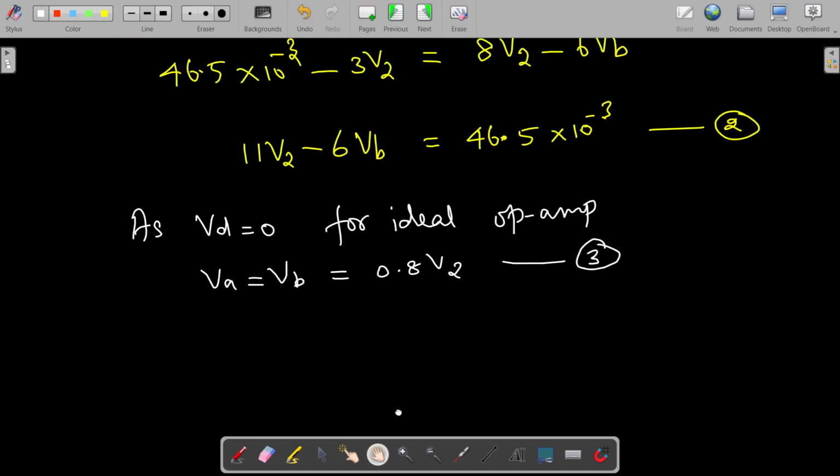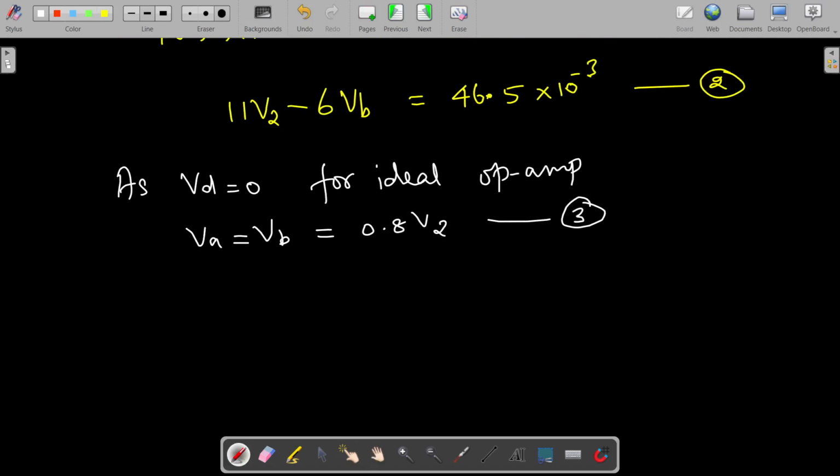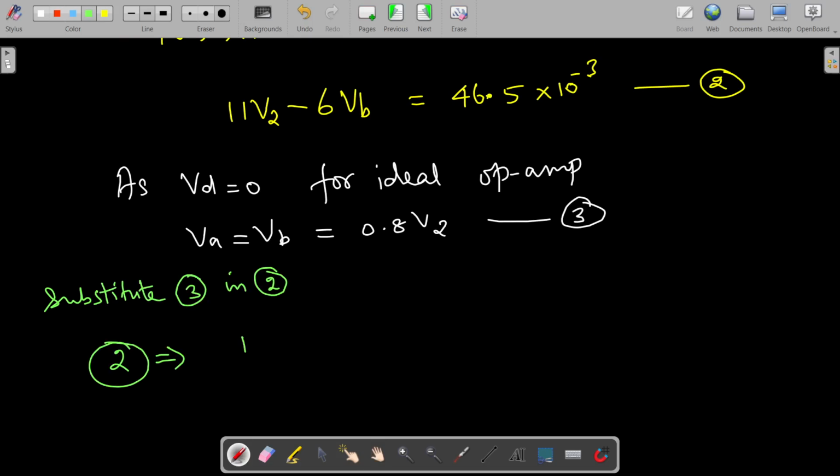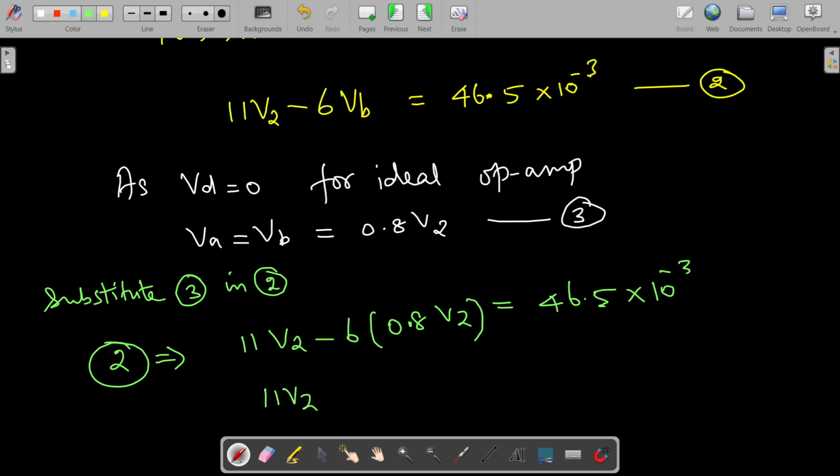This third equation can be substituted in the second equation. The second equation becomes 11V2 − 6 times 0.8 V2, equal to 46.5 × 10^-3. So 11V2 − 4.8V2 is equal to 46.5 × 10^-3.